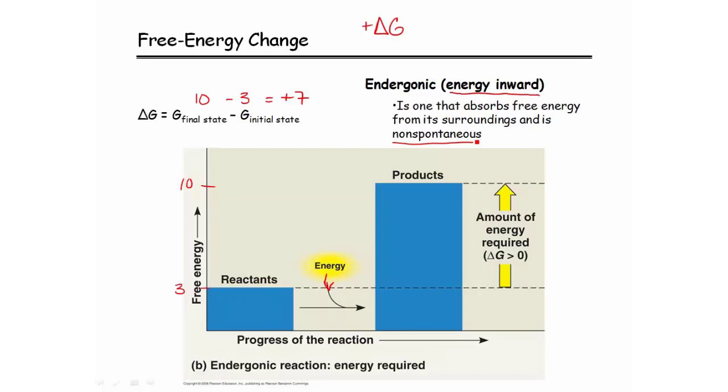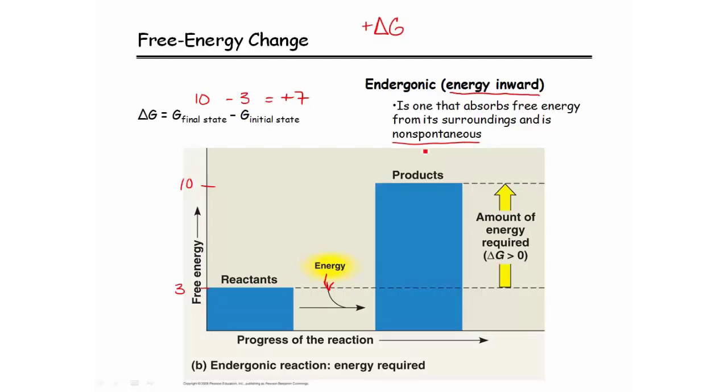Just like active transport. In active transport, we said that molecules go from a region of low concentration to high concentration. They don't really want to move in that direction. But we were able, in active transport, to actually force them to move in that direction if we had energy to put into it. So endergonic reactions require energy.